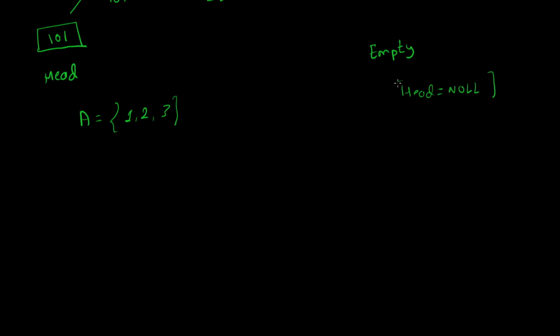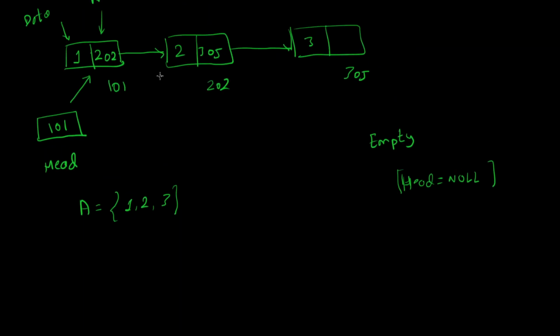Obviously, head is not going to point to anything, so the linked list is empty. Now we have an array 1, 2, 3. We have to make a linked list. So to make a linked list, we have to make connections like these up here, right?